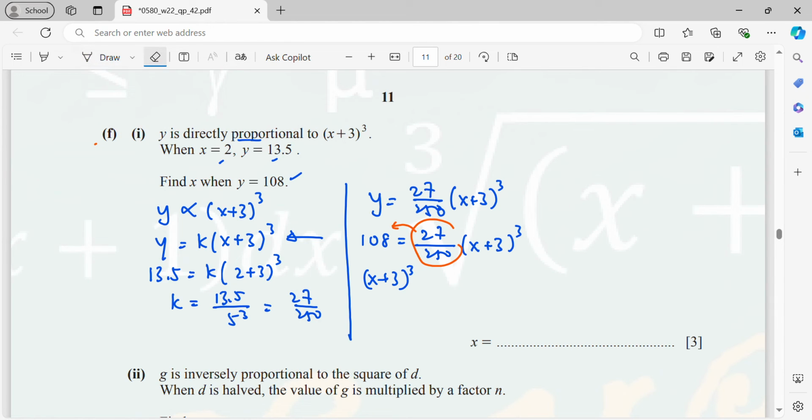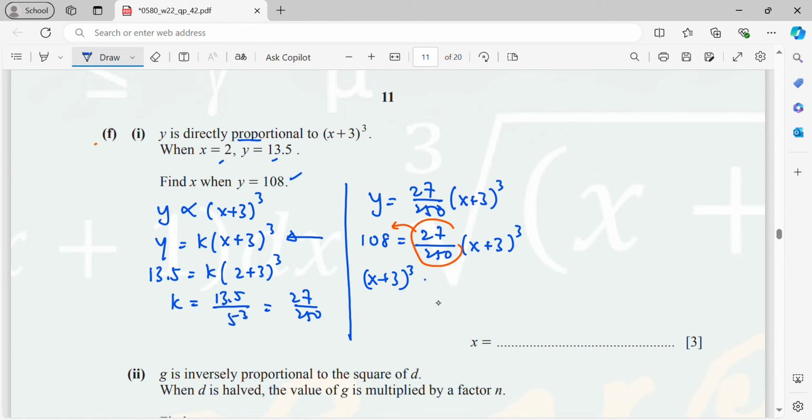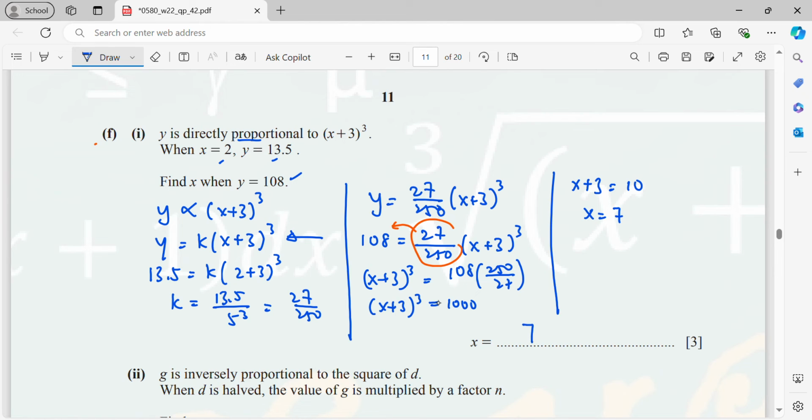It becomes division. So instead of writing division, you can just swap the numerator and denominator. That is 108 times 250 over 27. Then now here you will be getting 1000. Which means now you cube root of 1000, that is 10. So obviously your x is 7. That is the F solution.